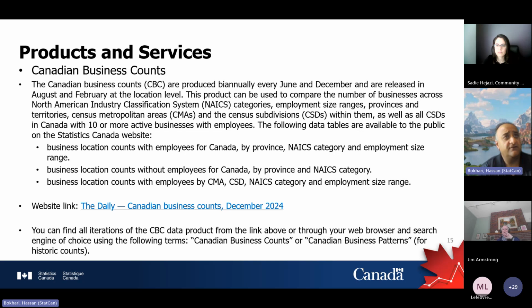The following data tables are also available to the public on the StatCan website: business location counts with employees for Canada by province, NAICS category, and employment size range; business location counts without employees for Canada by province and NAICS category; and business location counts with employees by CMA, CSD, NAICS category, and employment size range. The limitation on that one, and I'll give you a demo of this, is NAICS 4. It'll be clearer once I give you this demo.